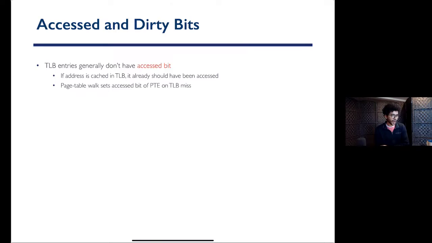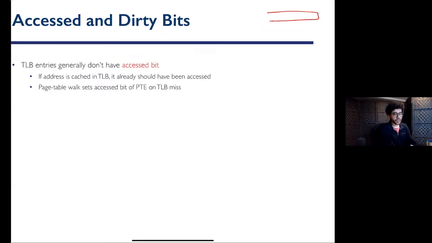OK, now, as I said, the TLB entry is not exactly the same as the page table entry. The TLB entry usually has fewer bits than the page table entry. One of the bits that is not needed in the TLB is the access bit. If you remember, in the page table entry, there was a bit called the access bit.